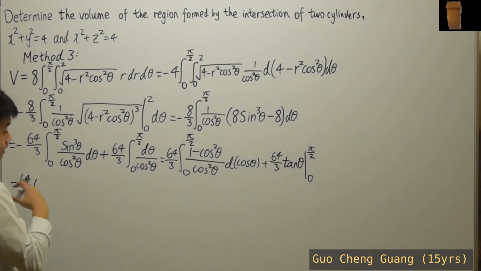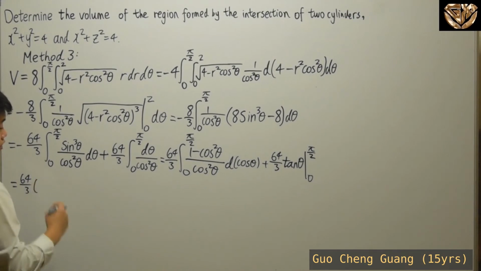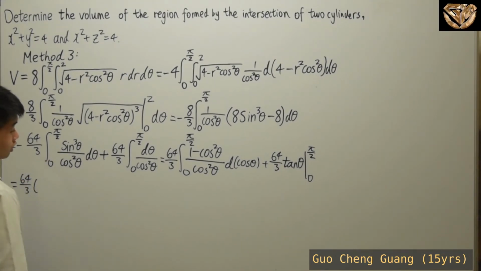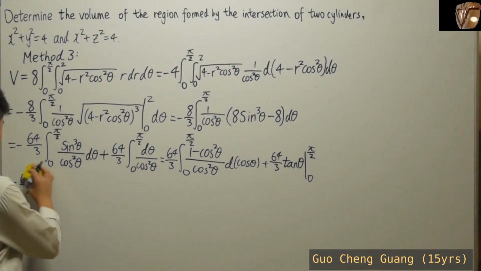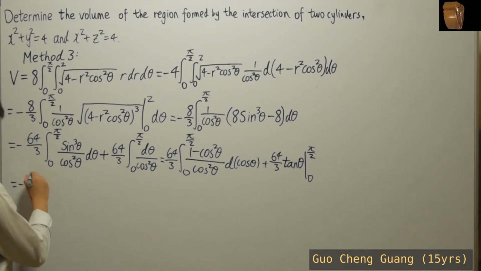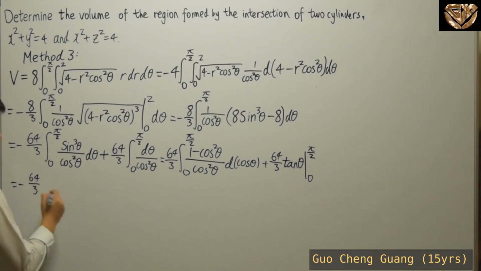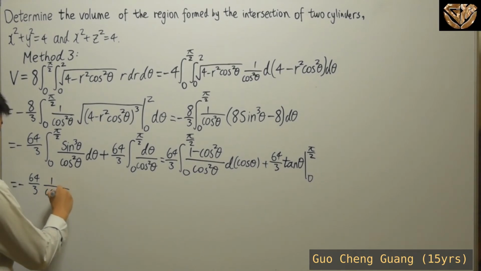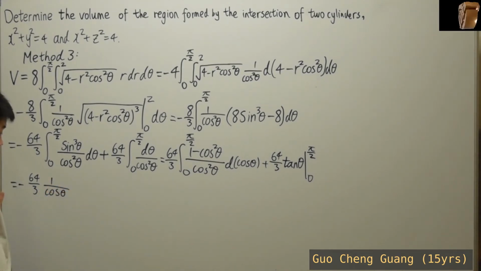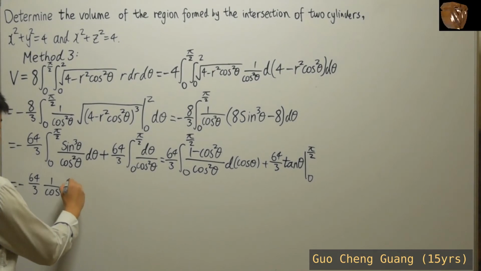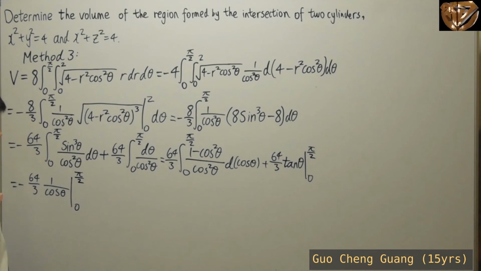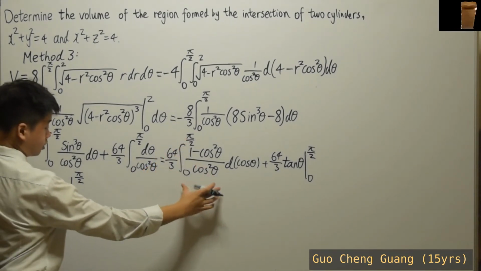So when you integrate this part with respect to cosine theta, of course you could write out once again the integration, or you could just directly choose to integrate it. You're going to have a negative 64 over 3 times 1 over cosine theta. Then here you're going to have to substitute in the values of 0 and half pi. Alright, so this is what you have from your first term.